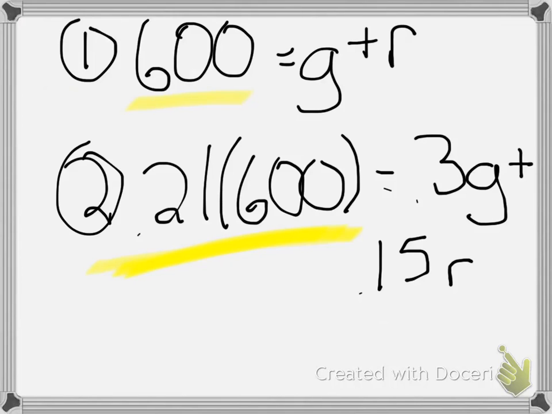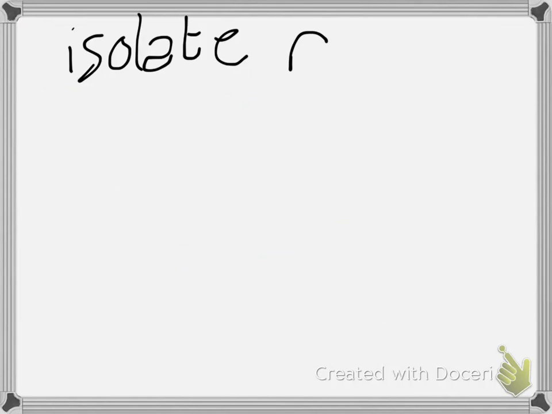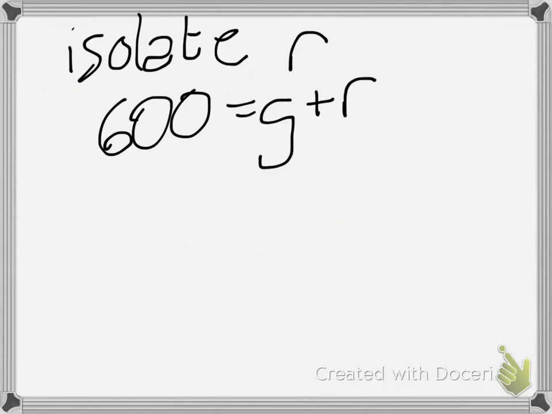So we'll start with the first formula, and we isolate R. Since our formula is 600 equals G plus R, G would equal 600, or isolating R. Dang it.